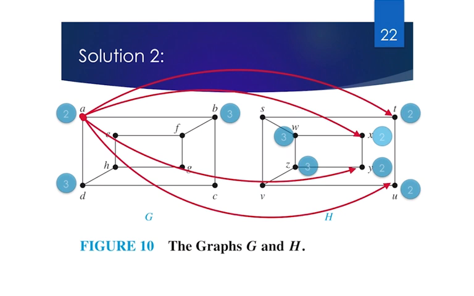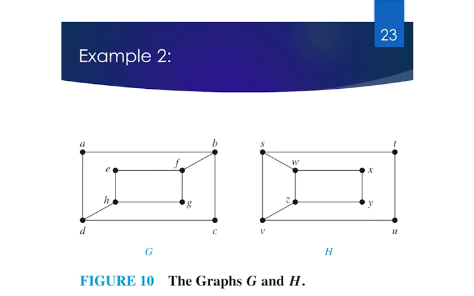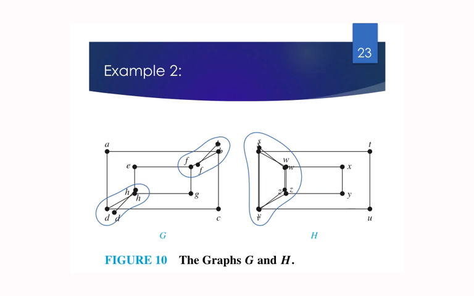Another way to see that G and H are not isomorphic is to note that the subgraphs of G and H made up of vertices of degree 3 and the edges connecting them must be isomorphic if the two graphs are isomorphic, and the viewer can verify this. However, these subgraphs shown in the figure are not isomorphic.